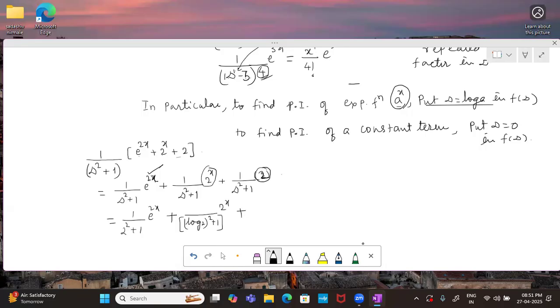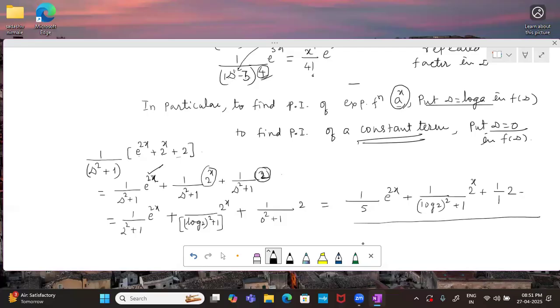And to find the PI of a constant term, directly put d is equal to 0 in the function by this rule. So it is finally 1 upon 2 square, 4 plus 1 is 5, e raised to 2x plus 1 upon log 2 whole square plus 1 operating on 2 raised to x and plus 1 upon 1 operating on 2.